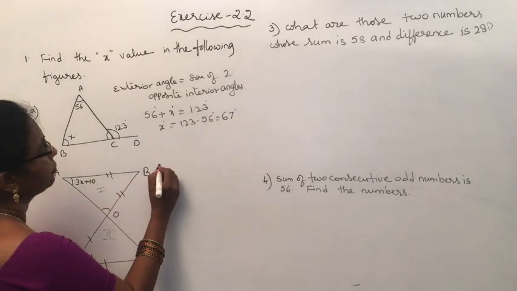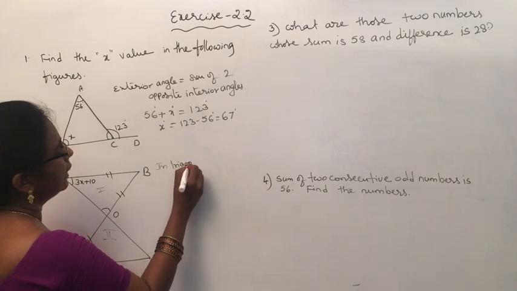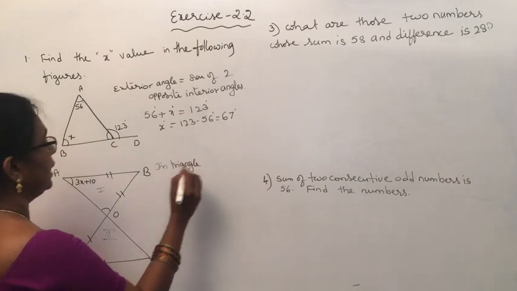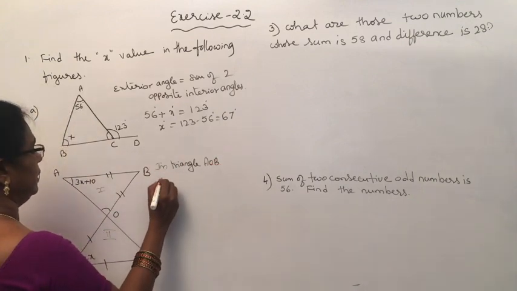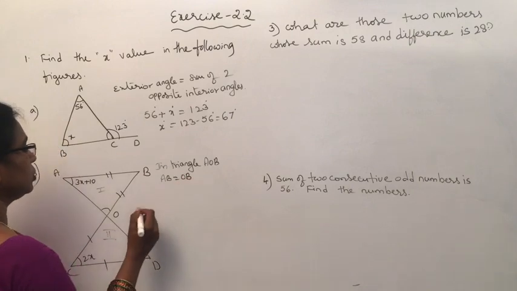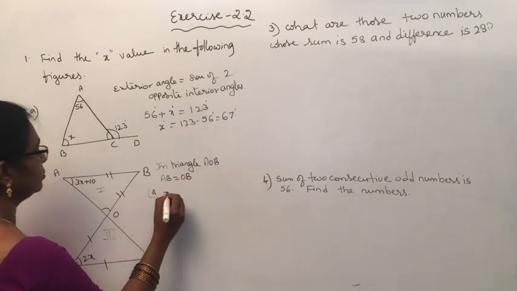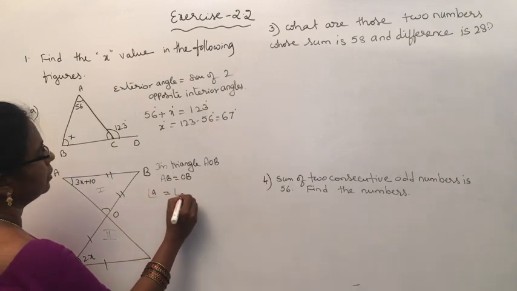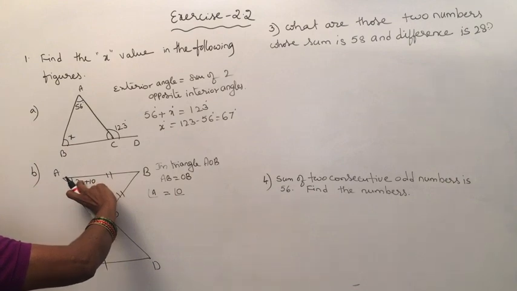Here, in triangle AOB, AB is equal to OB. Then angle A is equal to angle O because the angles opposite equal sides are equal.